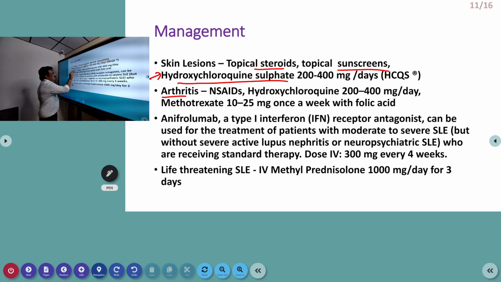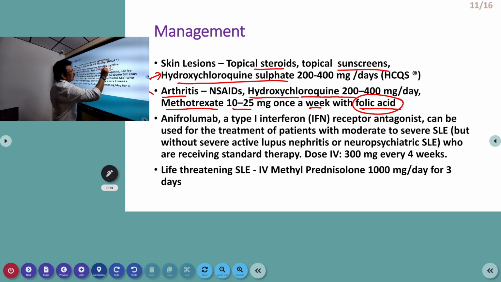If the patient has arthritis, that should be treated like rheumatoid arthritis. One of the most important drugs which can treat both skin disorder and arthritis is HCQS, that is hydroxychloroquine sulfate. 200 to 400 milligram per day can be given, or methotrexate can also be given. Methotrexate 25 milligram once a week with folic acid. You should always give methotrexate with folic acid. That is very important.